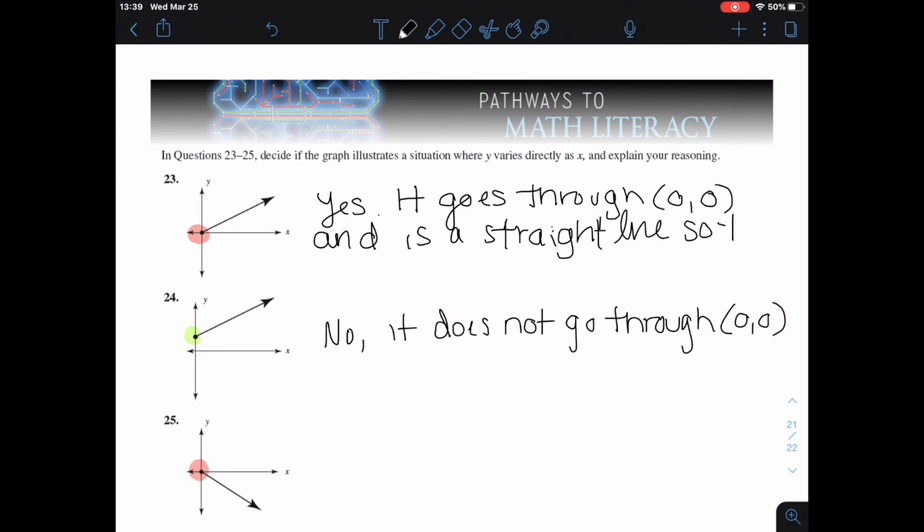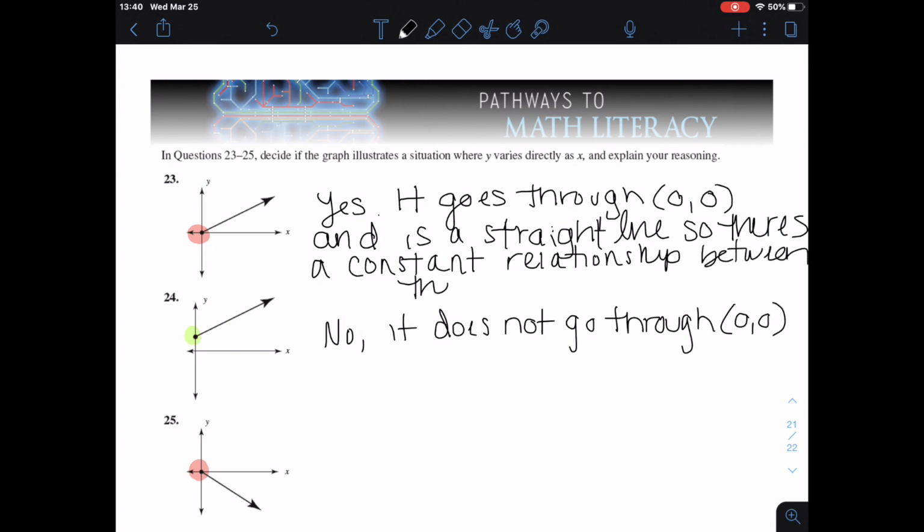So there's a constant relationship between the two. Okay. And then the same thing for 25. It goes through 0, 0, and it forms a straight line. So it is an example of direct variation.